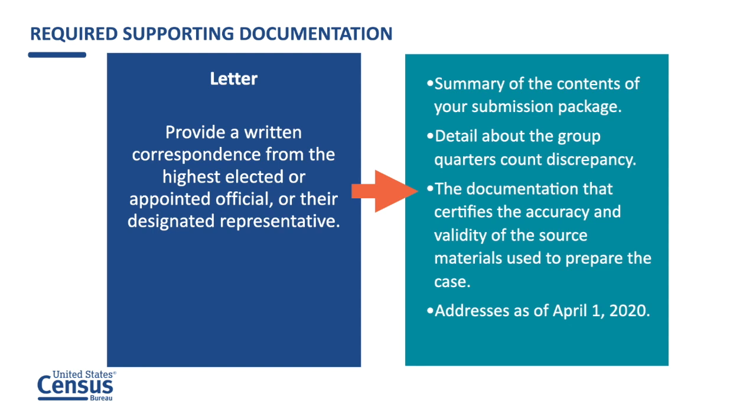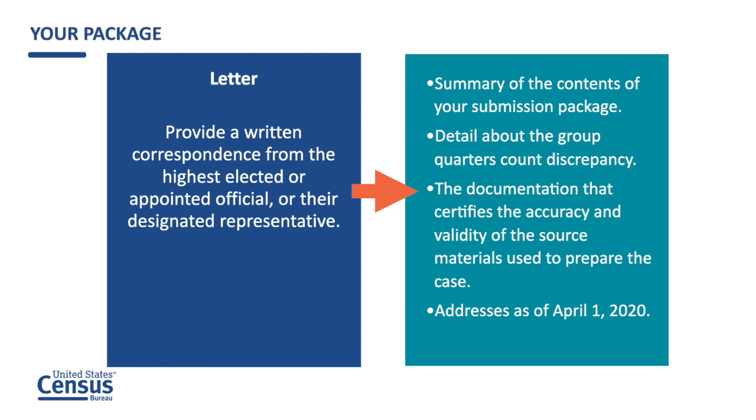You must also provide as much detail as possible about the group quarters count discrepancy to assist the Census Bureau with its research. The documentation must discuss and certify the accuracy and validity of the source materials used to prepare the case by including information on the creation date, time frame, usual use, and the maintenance cycle. All sources used to revise the group quarters counts must include the addresses as of April 1st, 2020.